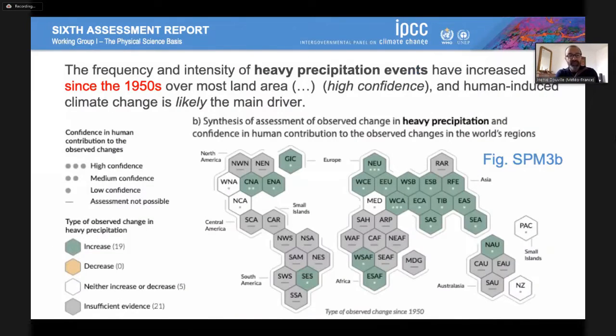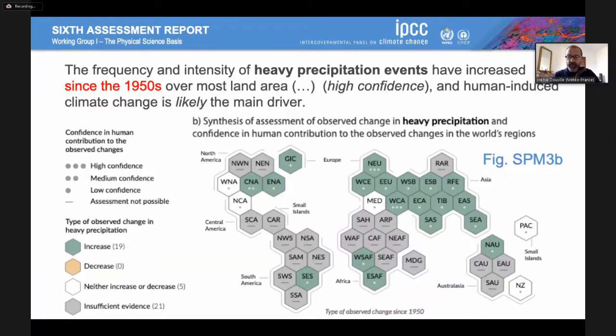Beyond mean precipitation, formal attribution studies have also been applied to heavy precipitation events and have led to the conclusion that the global warming due to anthropogenic climate change has already led to an increase in both the frequency and intensity of these events since the 50s.